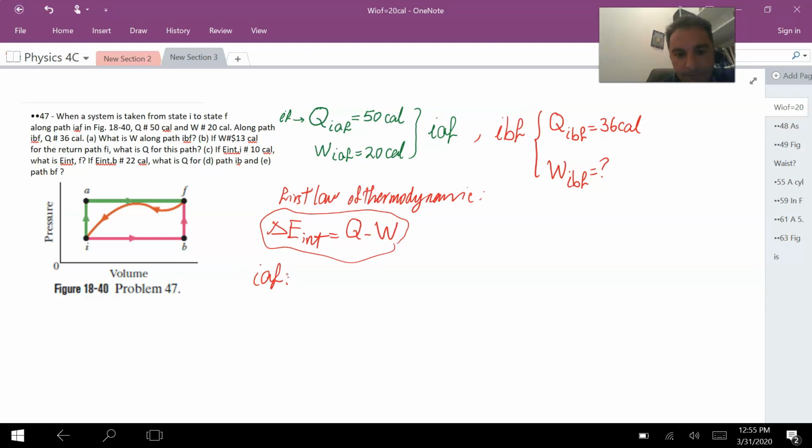For IAF, I can write delta E is Q minus W, correct? So total internal energy will be what? Q is 50, work is 20, answer will be what? 30 calorie. This is the internal energy of the system.